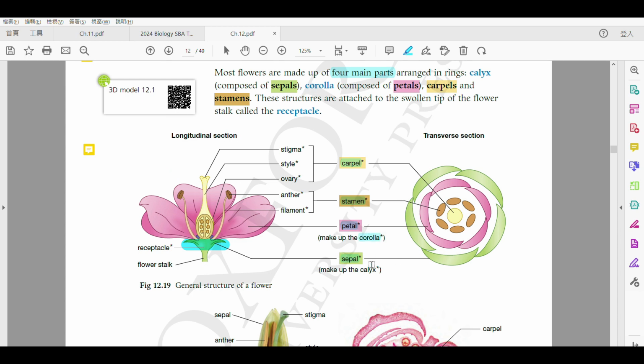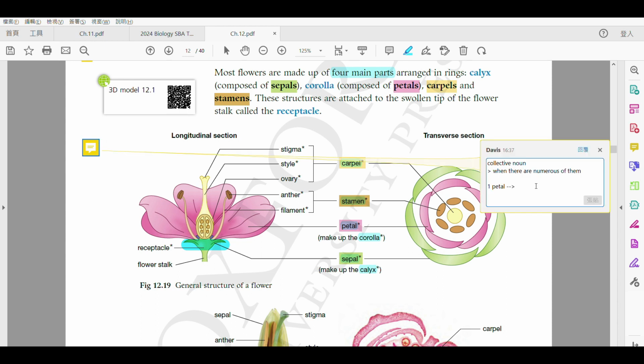And then, same for sepal. I'll write it down later. For sepal, we call the collective the calyx. So for petal, in collective noun, we call it corolla. If there is only one sepal, we call it sepal, but for the collective noun, we call it the calyx.